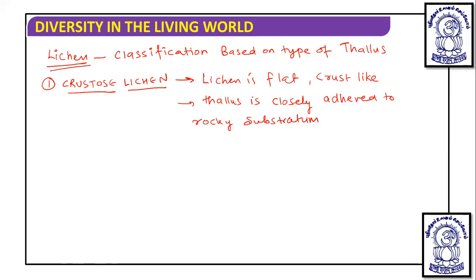On this it is adhered, and this gives a crust-like appearance. It gives an earth crust-like appearance, and it is found to be attached to the earth at several places. So, if we talk about the examples of crustose lichen, this belongs Graphis, then Lecanora, and another one that belongs to crustose lichen, that is Rhizocarpon.